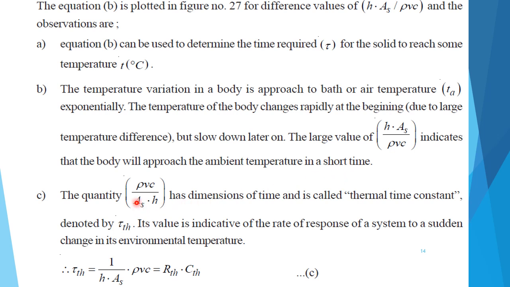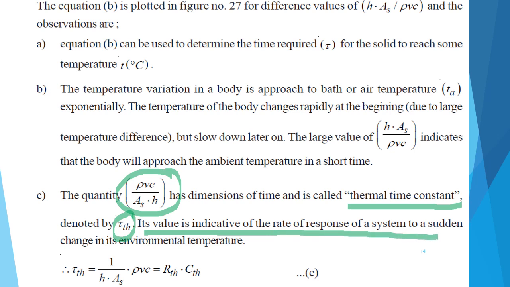The quantity rho Vc divided by Ah has the dimension of time, and that is called the thermal time constant, known as tau th. Its value is indicative of the rate of response of the system to a sudden change in the environment temperature.